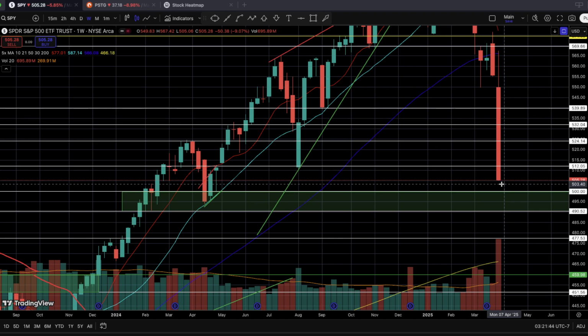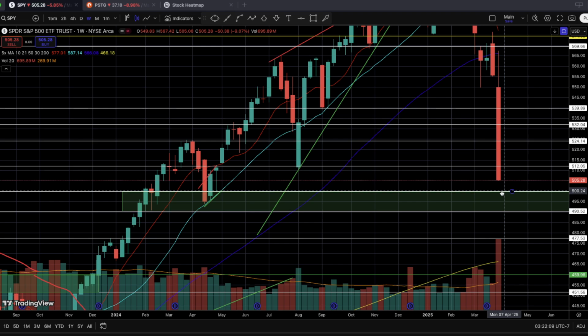And we need to see a bunch of early buyers who are just willing to trade an oversold bounce to come in and provide that sort of liftoff for that relief rally to begin. So again, the psychological $500 level on the weekly time frame is critical for buyers to defend.